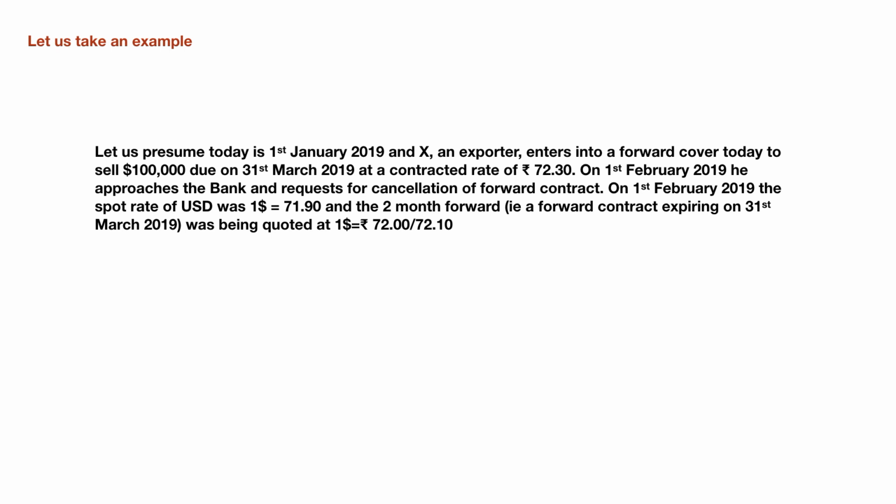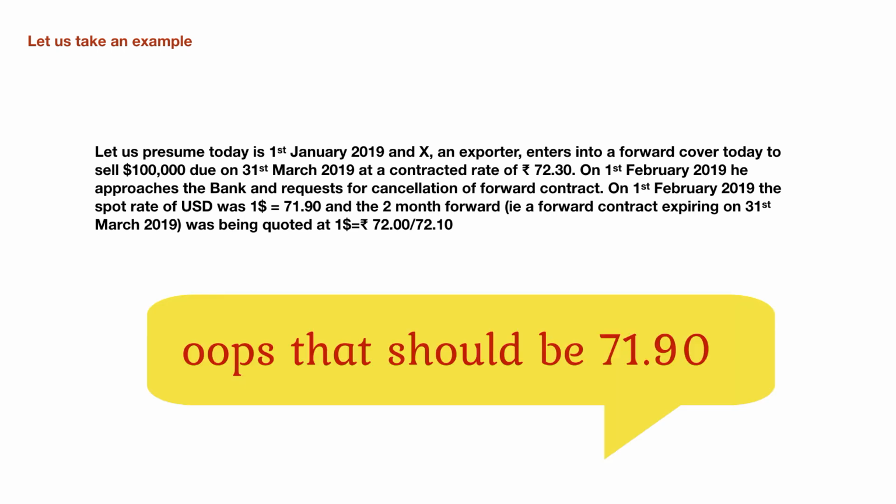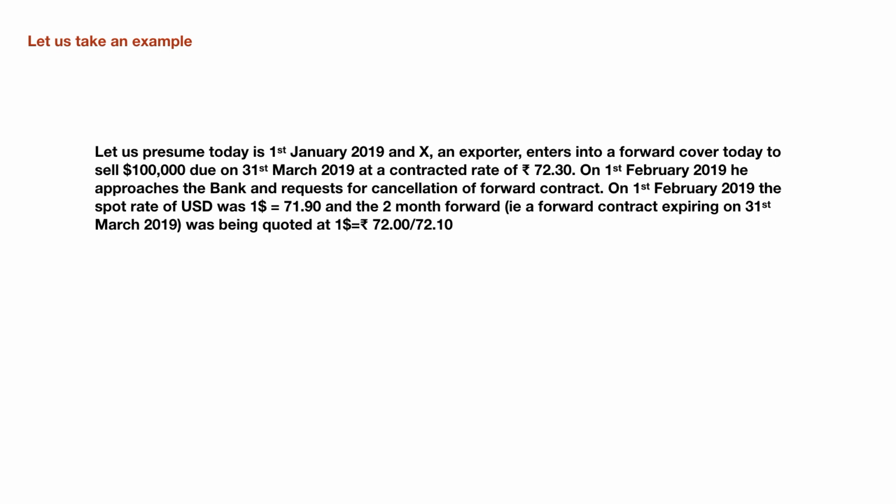And on 1st Feb 2019, that is before the due date, he approaches the bank and requests for cancellation of the forward contract. On 1st Feb, the spot rate of dollar was rupees 71.30 to the dollar, and the 2-month forward expiring on 31st March was being quoted at rupees 72 and 72.1. Now that's the bid ask rate.